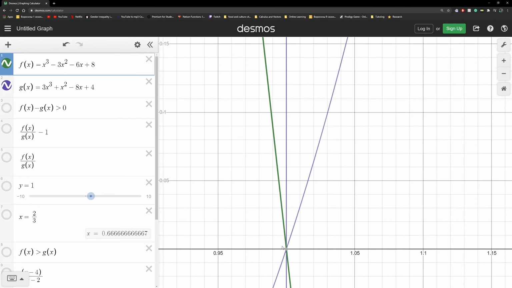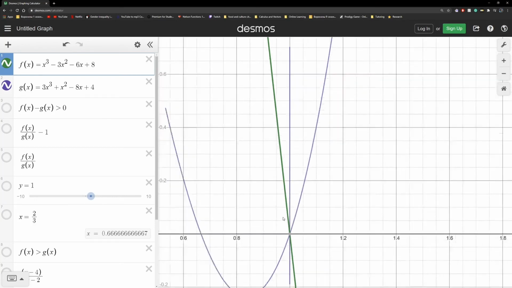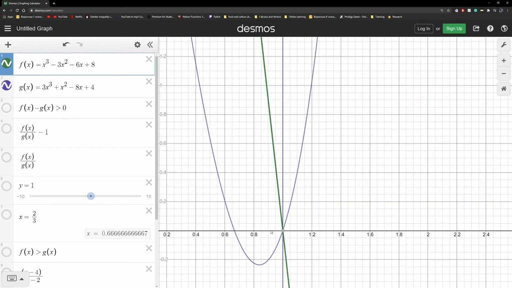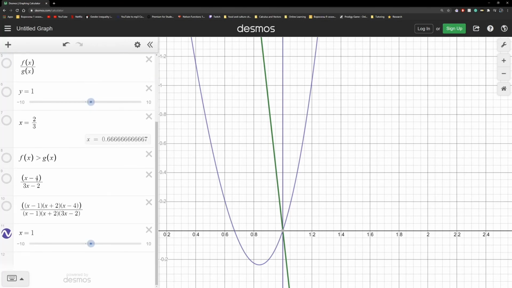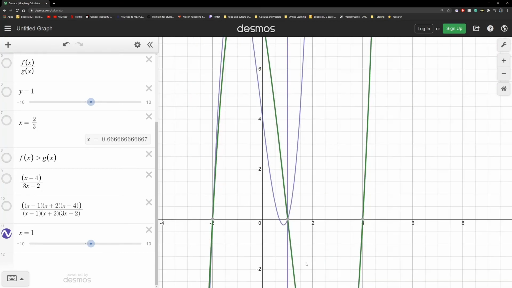So you can see that should be our limit. We could then talk about what happens on this side between the two functions. As you could see, f of x is still greater than g of x, and so that should also be included in our answer. Then we also need to talk about the other two holes that we have.